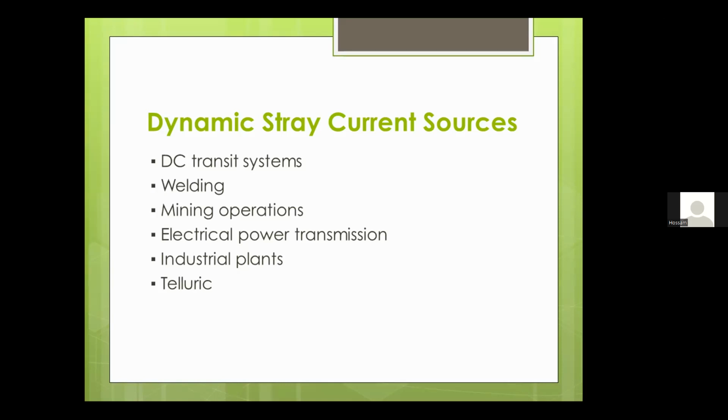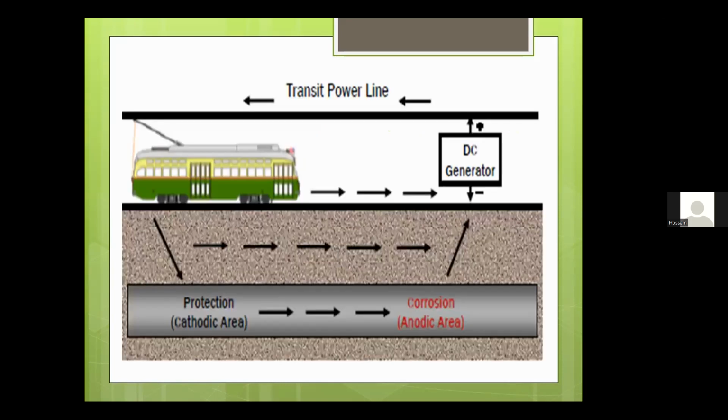Here is the transit power line, which sends stray current to this pipeline, which is parallel to this transit system. Here the current leaves its path and is picked up by the pipeline through the coating holidays.